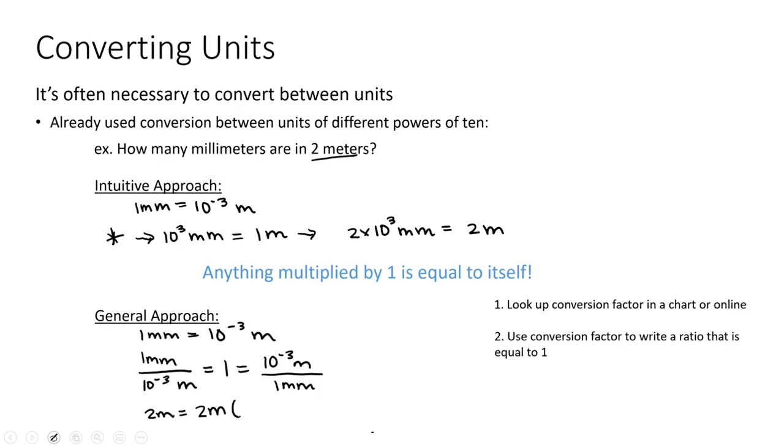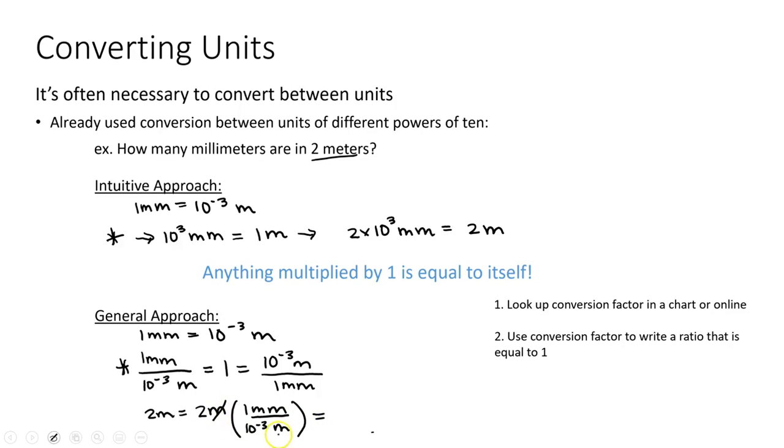So in this case, I want to cancel meters and I want to be left with millimeters. So I'm going to use this version over here on the left-hand side, 1 millimeter divided by 10 to the minus 3 meters. And that is equal to 1, right? So 2 meters times 1 is just 2 meters, right?